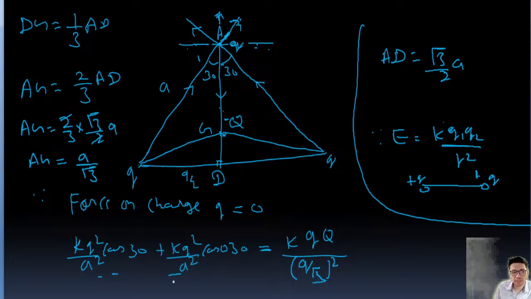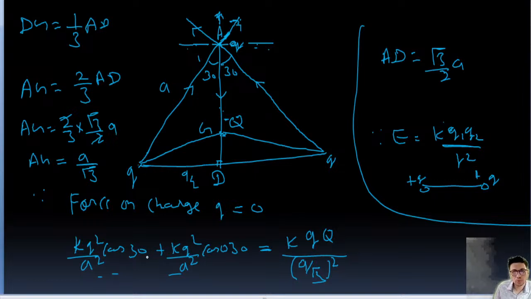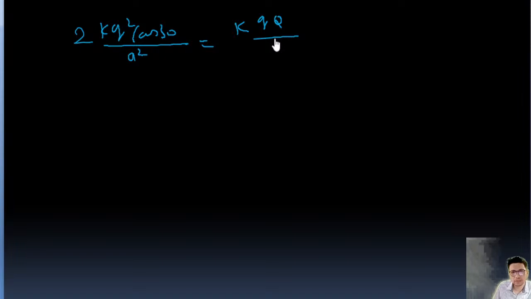So now we'll solve it, very simple. These are simple values. So this is going to be 2, because same value, 2 k Q q cos 30 upon a square is going to be equal to k q, we have just taken the magnitude, this is my minus sign, upon a by root 3 whole square.